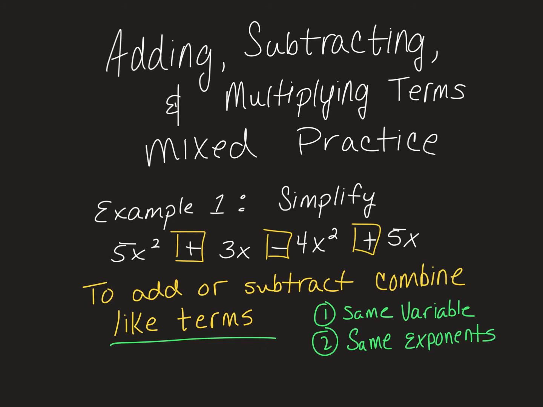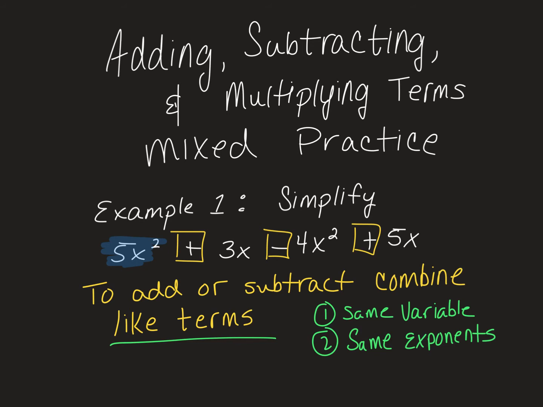well. So if I'm looking at the example that I have up here at the top, I'm going to highlight the sets of like terms that go together. So 5x to the second has an x, and it has an exponent of 2, which means that that is not going to be a like term with the 3x.